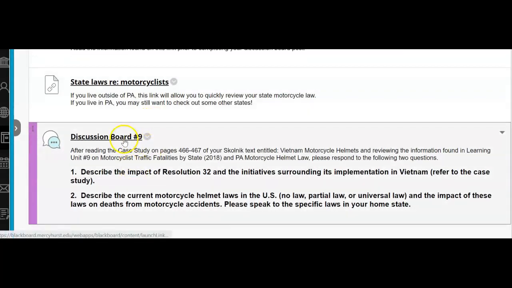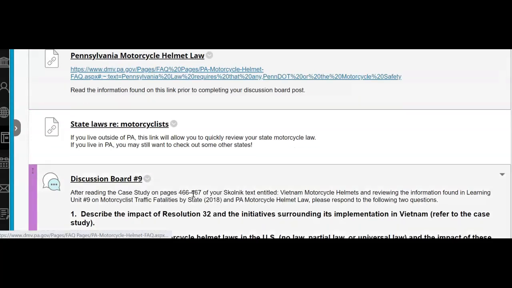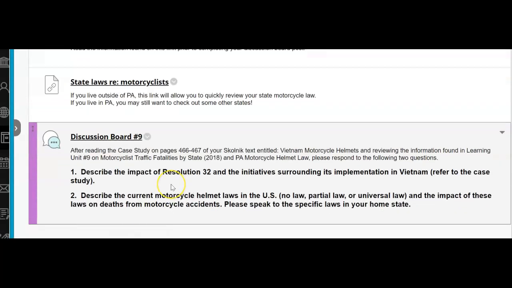Discussion board 9 is asking you to read the case study in your Skolnick text about Vietnam motorcycle helmets and helmet law. And then you're going to want to look at the information above, the traffic fatalities by state. I want you to describe the impact of Resolution 32 and initiatives surrounding its implementation in Vietnam.